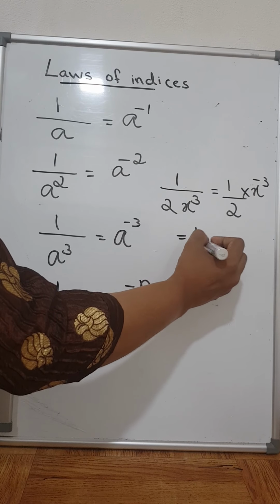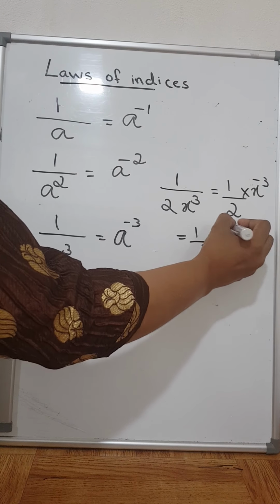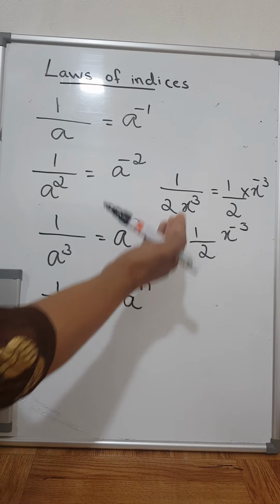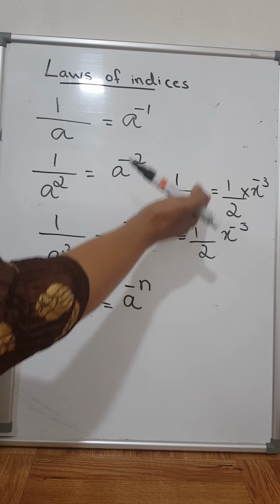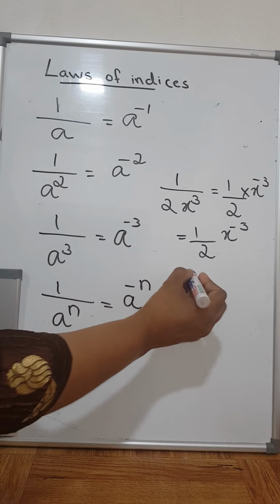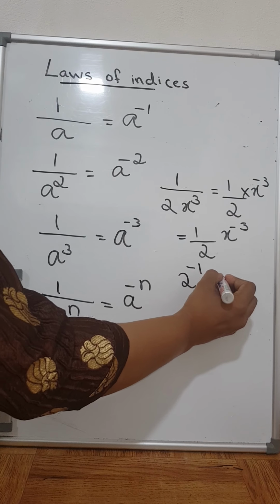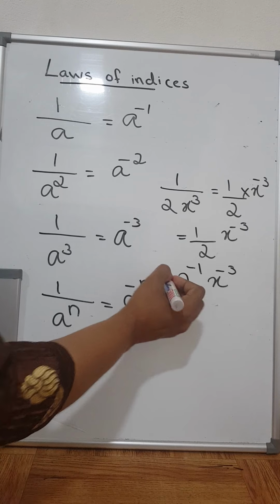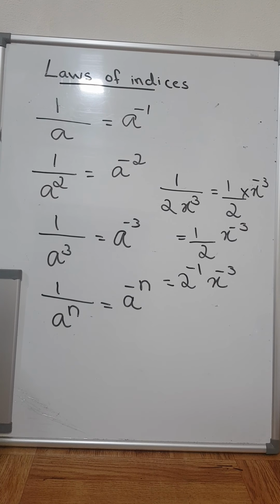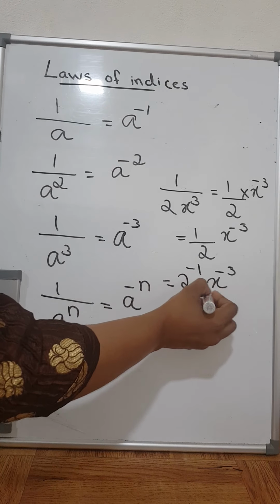So 1 by 2 x to the power minus 3. Now if you want to take both 2 and x cube to the numerator, it becomes 2 to the power minus 1 x to the power minus 3. Having any doubt? Let's see another example.